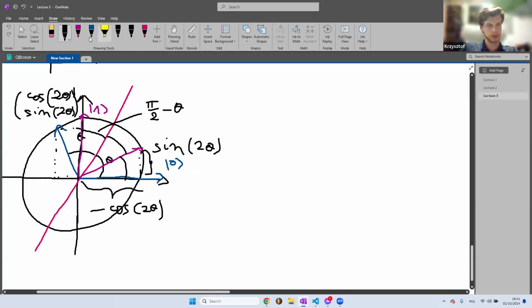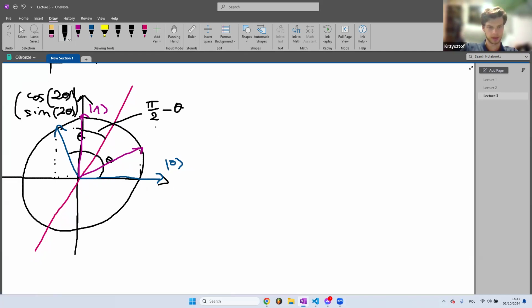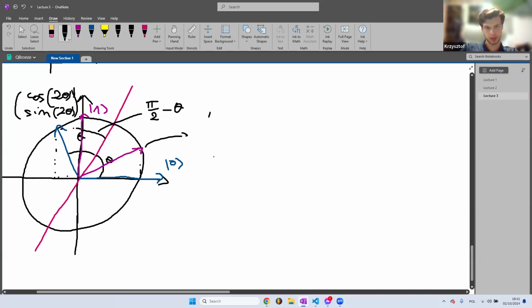So let's try to draw this a little bit cleaner. I'll write just the state of this qubit, which is sine of 2 theta and minus cosine of 2 theta. This is how the reflection works.